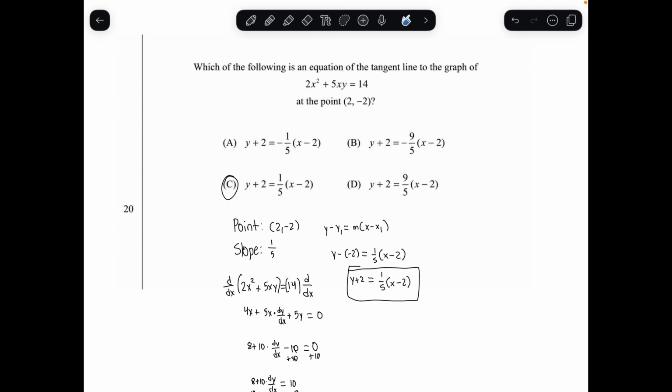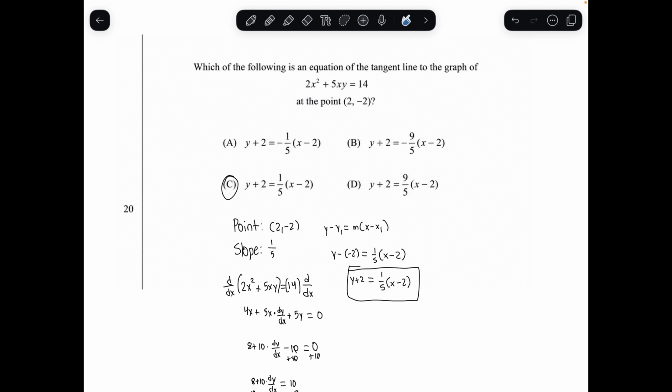So just things to remember: whenever you see a question asking you for the equation of the tangent line to a graph at a point, you should find your point first. Normally it's given to you, or otherwise you might have to find it. You should also get the slope of the tangent line, and to do that, you're just taking the derivative at your point.